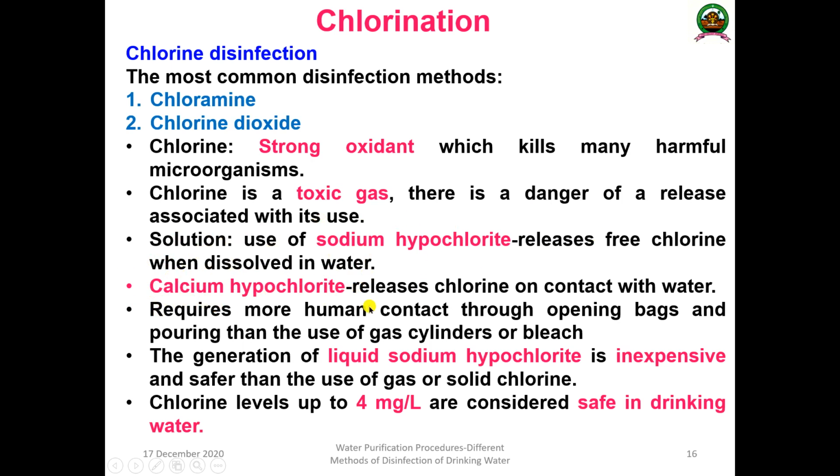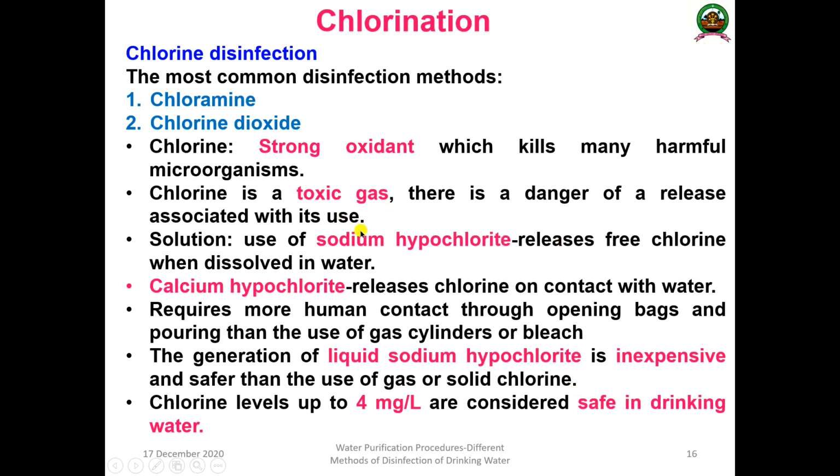But the solid process requires a lot of human contact, opening bags and pouring, compared to the use of gas cylinders or bleach. The generation of liquid sodium hypochlorite, I told you this is liquid and this is solid, is inexpensive and safer than the use of gas or solid chlorine.